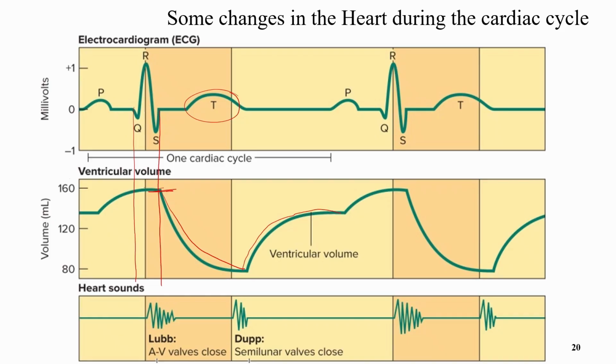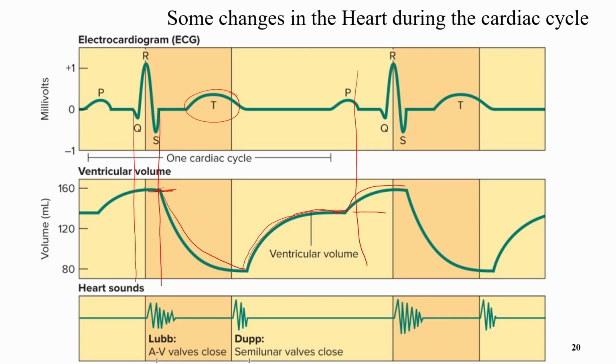Notice here that at the end of the P wave, again, electrical activity precedes mechanical activity. The ventricles begin to fill. This is due to active filling. So this is just passive, just dumping from the atrium into the ventricle, but the extra pump here is what gives you that little bump.